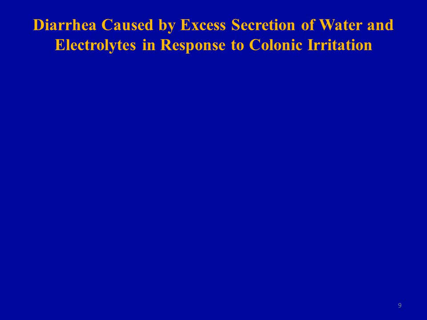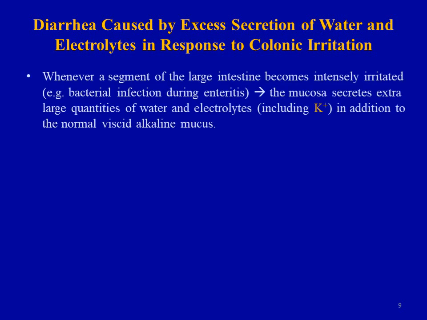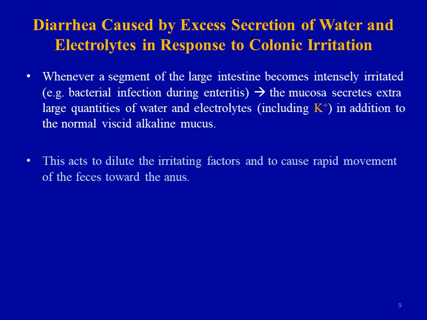Intense irritation of the colon, especially the colonic mucosa, can result in excessive secretion of water and electrolytes, and this leads to diarrhea as a protective mechanism. Whenever a segment of the large intestine becomes intensely irritated, for example by bacterial infection during enteritis, the mucosa secretes extra large quantities of water and electrolytes, including potassium, in addition to the normal viscid alkaline mucus.